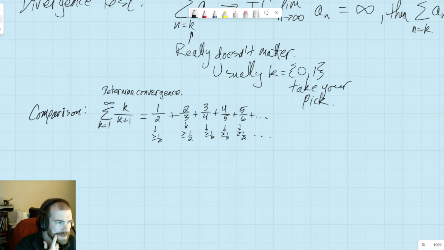Right, so it turns out that the sequence that we're trying to compare is not arithmetic. It's very different. But what we're saying is that it's bigger than this series, which is arithmetic. Arithmetic in the sense that we're not increasing it at all. It's just going to be a single number. So this series is the sum as k goes from 1 to infinity of 1/2.